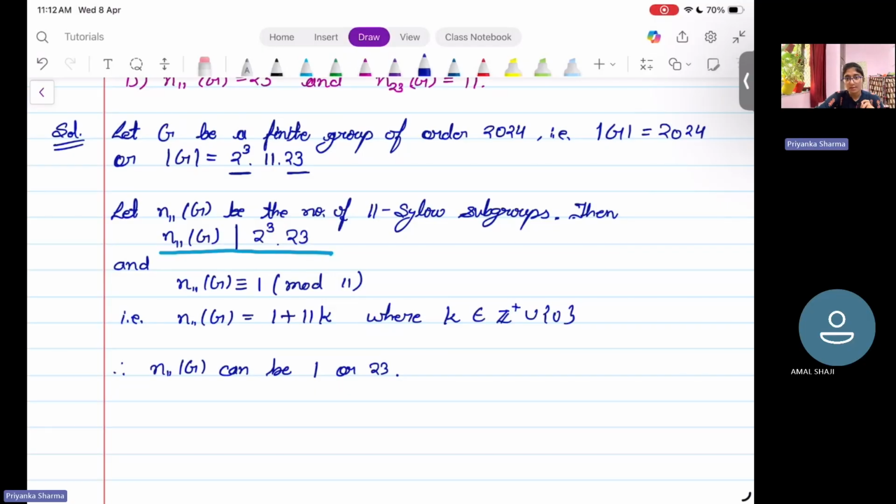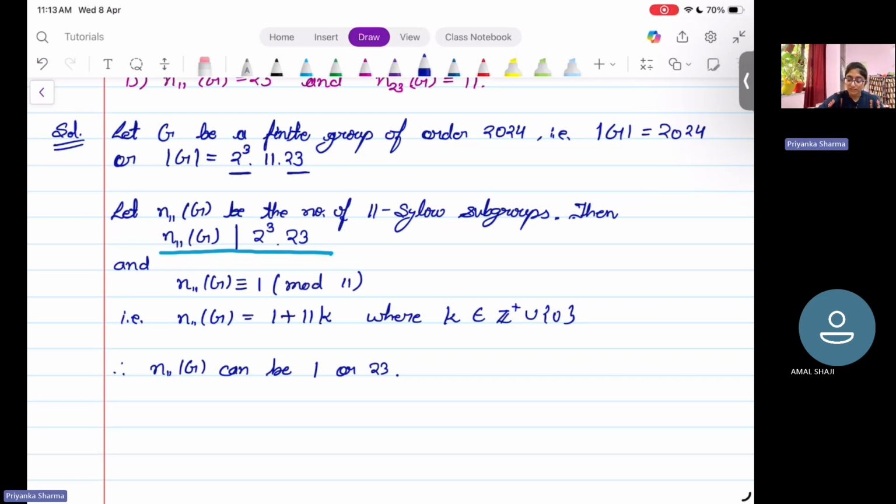So if G is an abelian group, then the 11 Sylow subgroup will be normal because every subgroup of an abelian group is normal. And if the 11 Sylow subgroup is normal, then it will be unique.